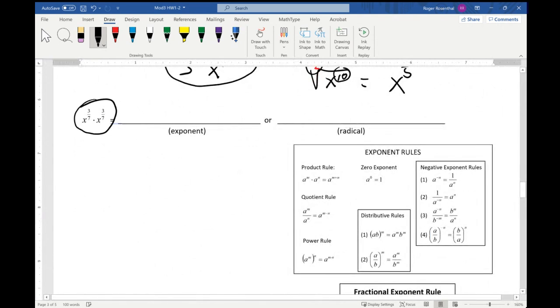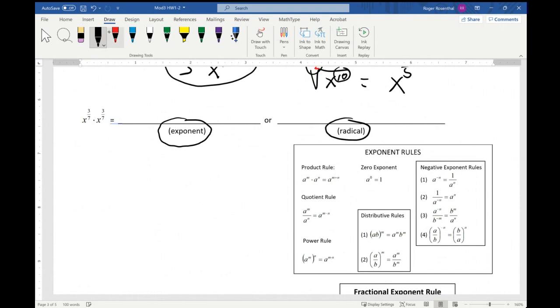Now we're going to rewrite this expression. We're going to rewrite it in 2 ways. We're going to rewrite it so it has an exponent. We're going to rewrite it as a radical. We'll start with the exponent. There are multiple ways you could go to the next step, but I prefer to use the product rule on this.